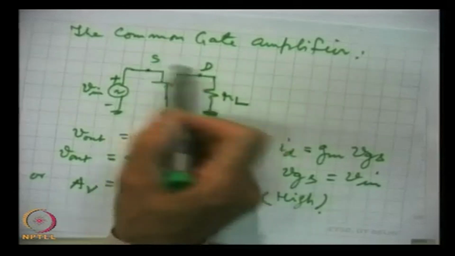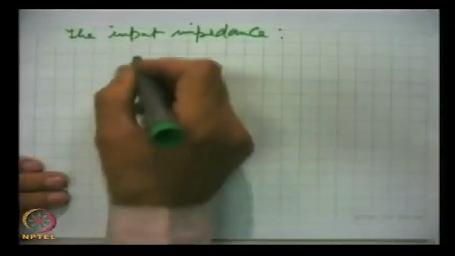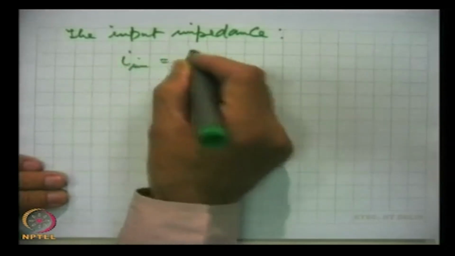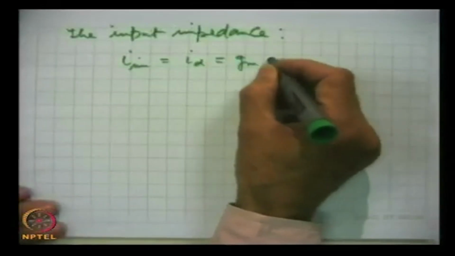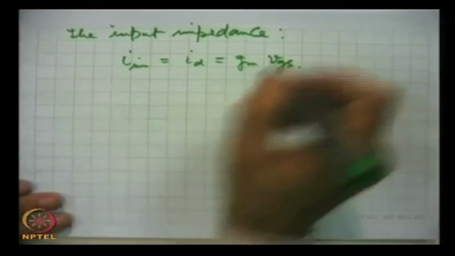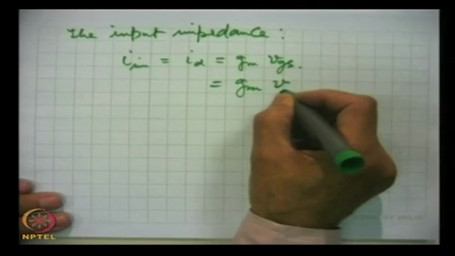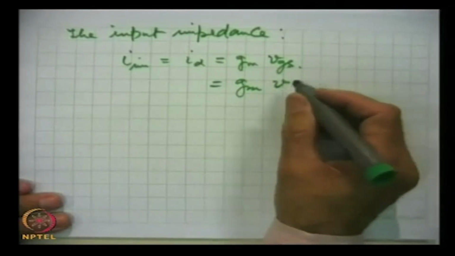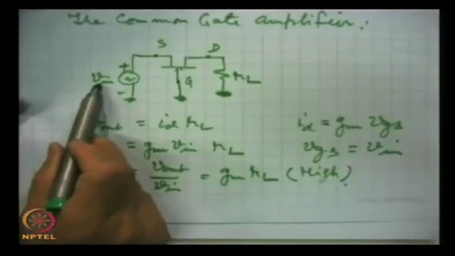If we see the circuit, when we discussed how the current flows between drain and source, it is not difficult at all to see that I in is equal to ID, and ID, if we replace this by the simple model, will be equal to GM into VGS, and this is equal to GM into V in, because the gate source voltage is the same as V in, which we just discussed.